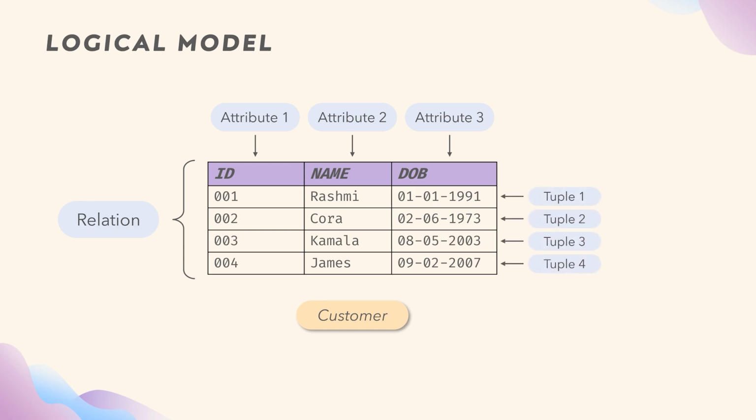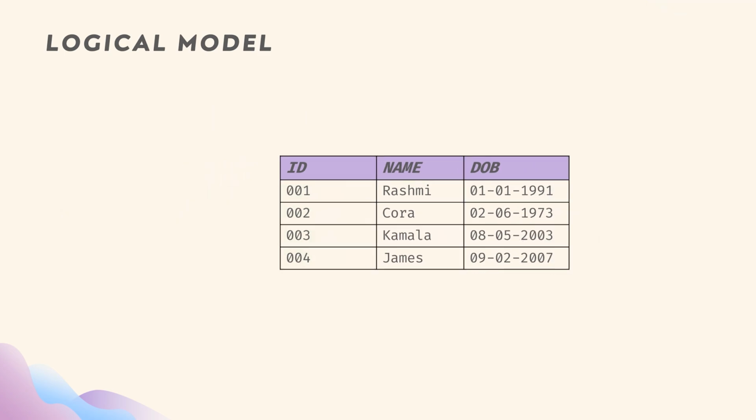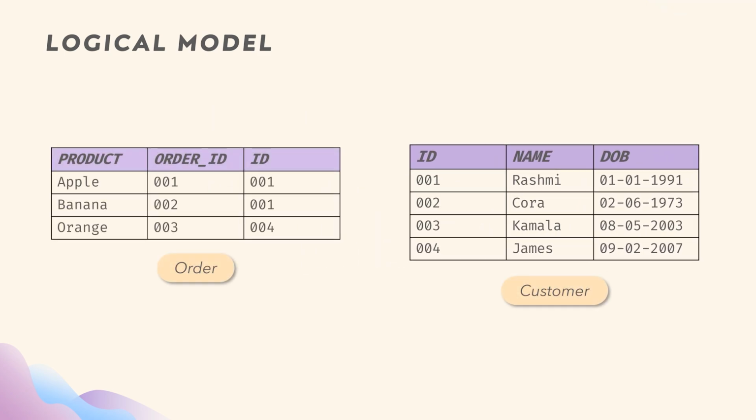A tuple is a collection of attribute values that make up a single entity, so one customer in this example. The relation is comprised of many tuples that can appear in any order, and each tuple is identified by a unique key. We can then map real-world relationships between entities by including the unique key of one relation into another relation's attribute. Here we're describing a one-to-many relationship where one customer can have many orders.